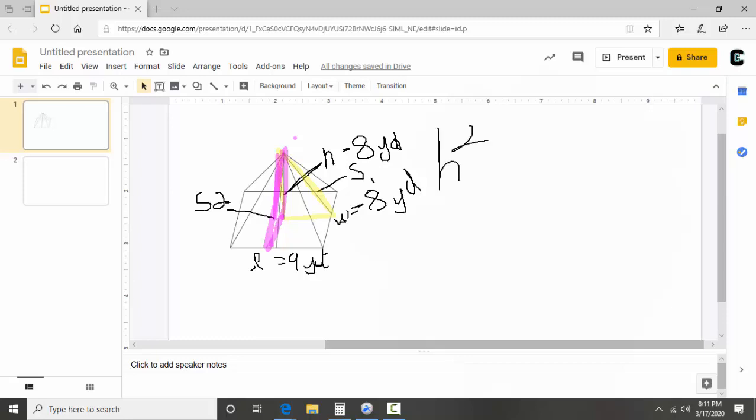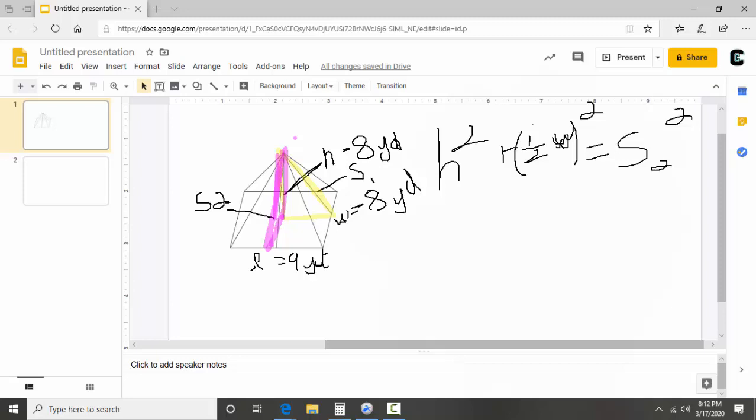H is a leg, and S2 is the hypotenuse. So what is the other leg, that weird one there that I connected? It is, of course, half of the width. So again, we want to put this in parentheses because we want to take half the width first, and then we square it afterwards. There we go. Okay? And that'll help you calculate your S2, going through very similar steps as we did the S1. All right?